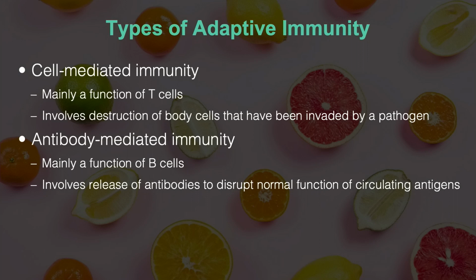If they're in the blood, in the plasma, if they're in the interstitial fluid, antibodies are released to target those things that are floating around freely. And antibodies are primarily released from B cells, or plasma cells more specifically. So two arms of adaptive immunity, two main types of lymphocytes, one type per arm. Make sense?